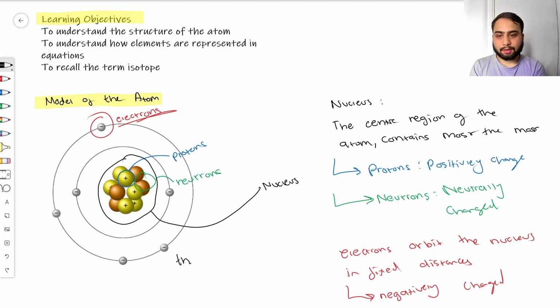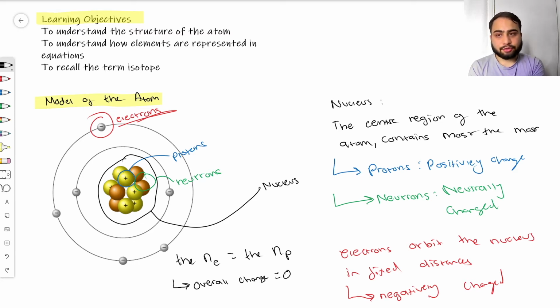Now, another thing that you need to know about the atom is that the number of electrons, so let's say that's Ne, is equal to the number of protons. So that means that the overall charge of an atom is neutral. Overall charge is equal to 0. So we can represent charges with numbers as well. So +1 is positive charge, 0 is neutral, and -1 would be negatively charged.